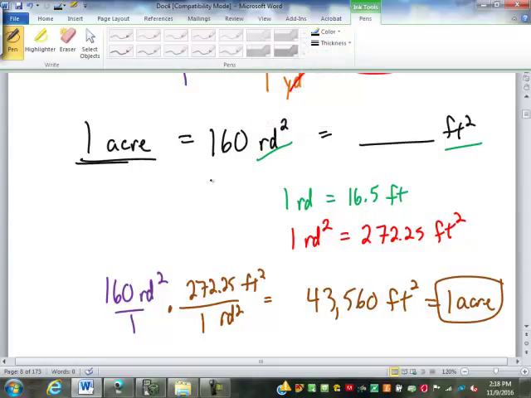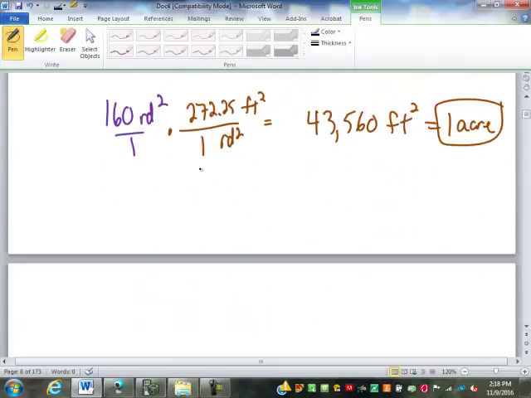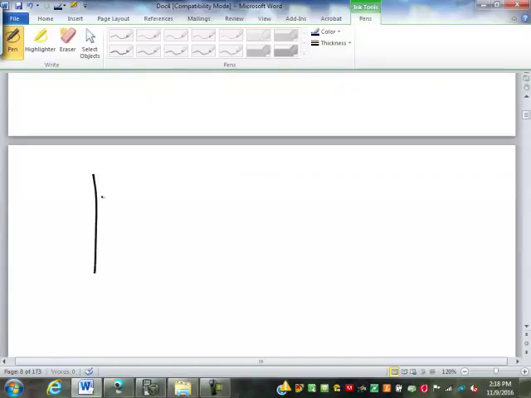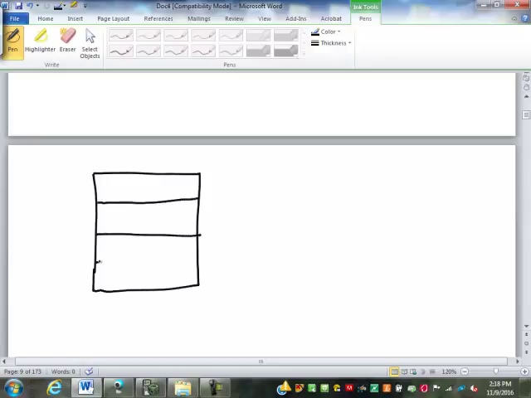There's also a very close relationship between an acre and a square mile. A little bit about land division. Land is divided off into 1 square mile sections. And within a square mile section, it's divided up in 4 pieces in each direction. So 16 total pieces.